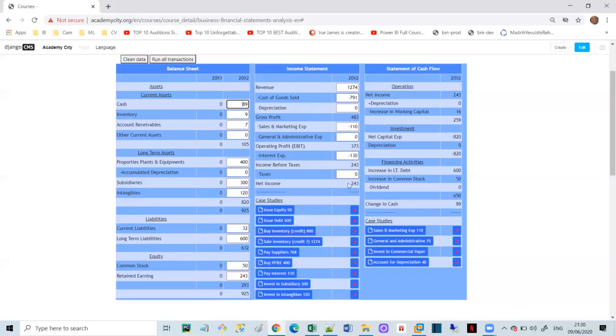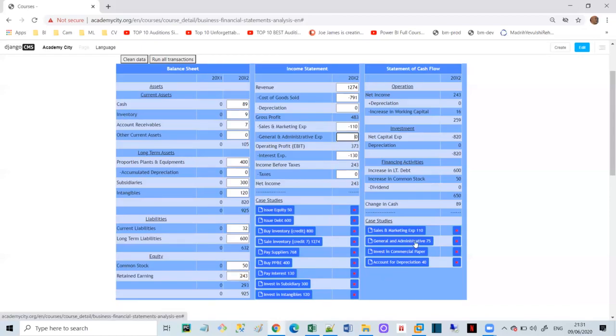If I had a profit of 243, I'm expecting it to go down by 75. So my cash will go down probably by 75. My retained earnings will go down by 75. Why? Because here I will account for the spending of administrative expenses. And usually we put it in a special line that says general and administrative expenses. So I expect this one to be minus 75.